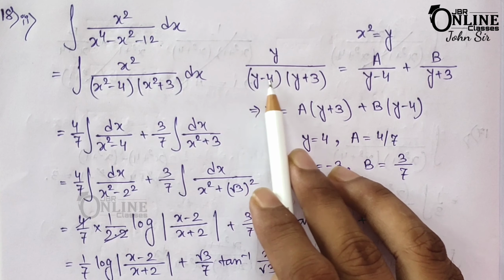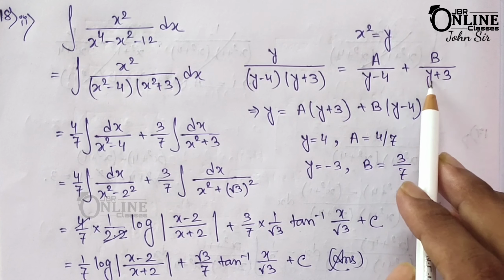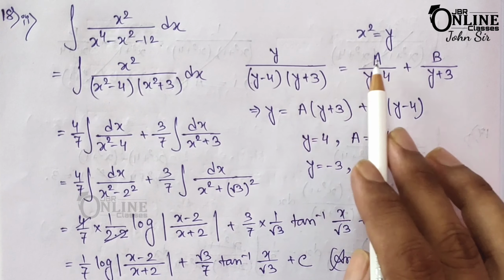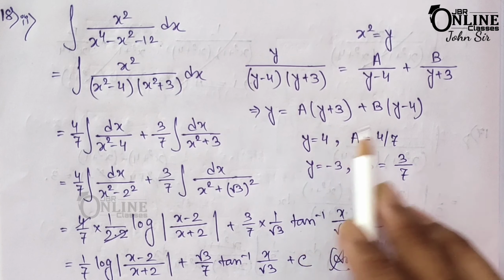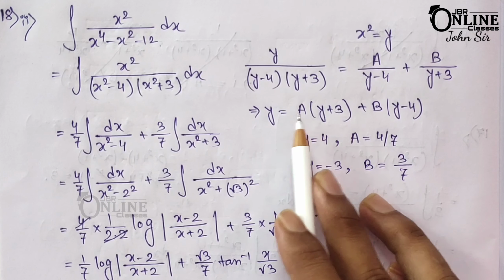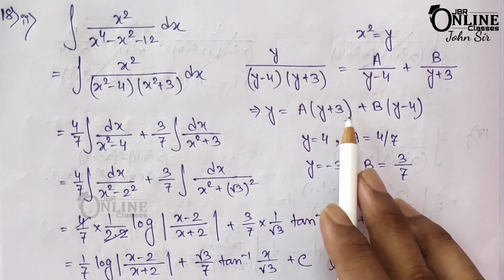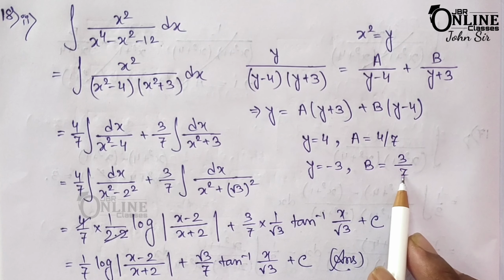So y by y minus 4 y plus 3, a by y minus 4 plus b by y plus 3. You know that. So here y equal to a into this one and b into this one. So if y equal to 4, then this one will be 0. So here a equal to 4 by 7. If y equal to minus 3, this portion will be 0. So here b equal to 3 by 7.